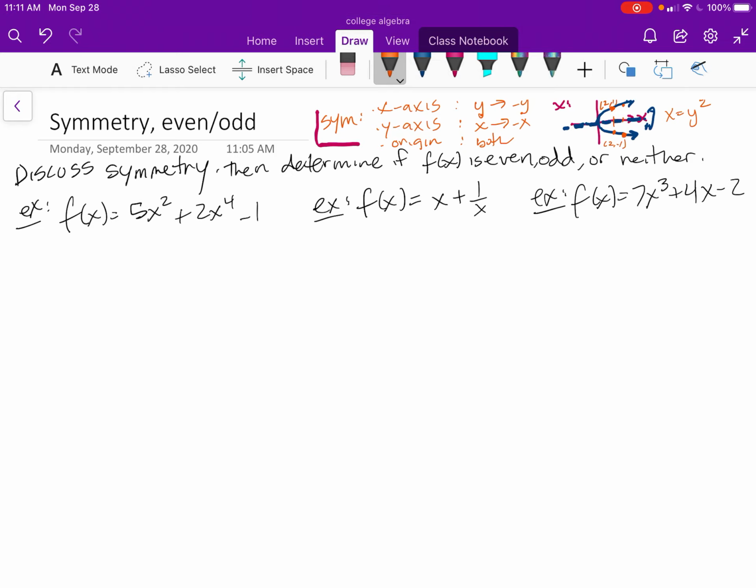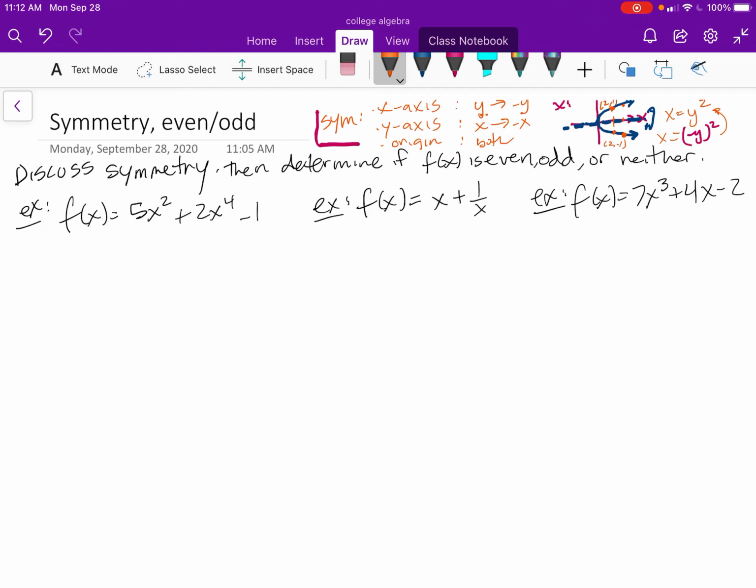If I substituted 1 for y, I would get x equals 1. But if I substituted negative 1 for y, I would still get x equals 1. So even if I substitute a negative y in for that y, it looks identical to how we started because that negative squared is positive. Okay, so that's what we are talking about, replace y with negative y.